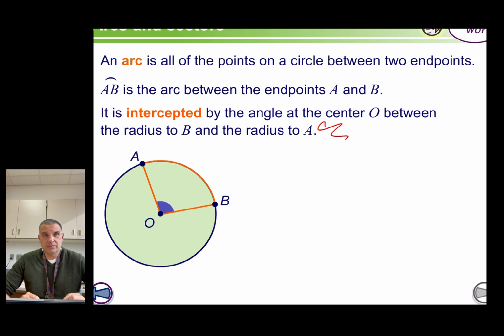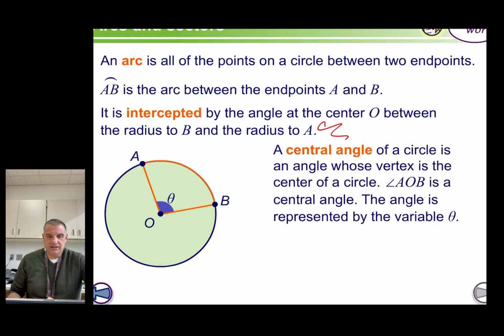That central angle is created by taking a radius from both your A and B. A central angle of a circle is an angle whose vertex is at the center. In this case, angle AOB is a central angle, and the angle is represented with the variable theta, just like we did with right triangles.